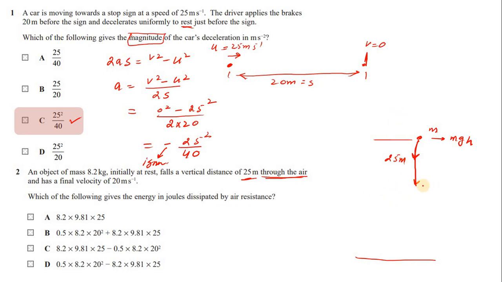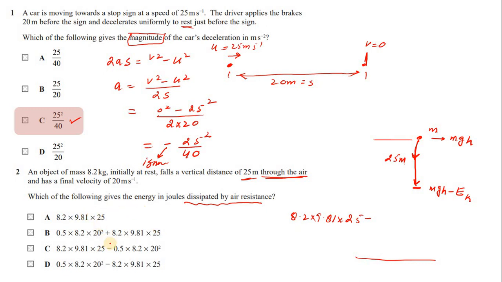That means at that moment mgh minus kinetic energy, this difference gives us the energy dissipated due to air resistance. So mgh, where m is 8.2 into 9.81 into the height fallen, which is 25, minus kinetic energy, which is half mv square.